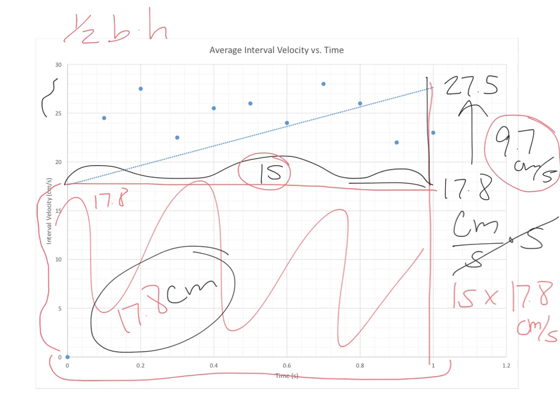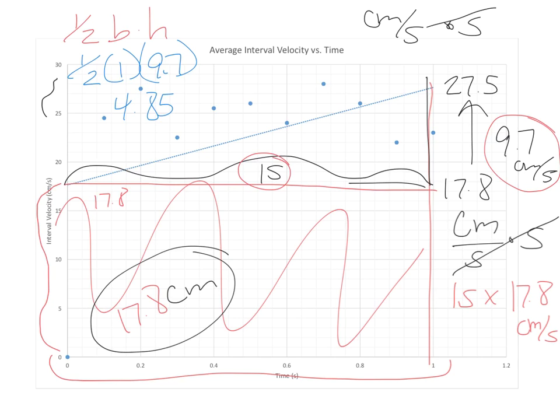So I'm going to take my 1/2 times 1 second times 9.7 centimeters per second, and I end up getting about 4.85. Now again, look at the units. You're multiplying centimeters per second times seconds. Seconds cancel out, you're left with only centimeters for your answer.